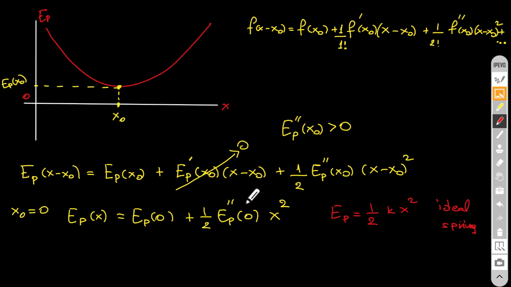If you do some pattern matching between this expression and this expression, you can see that the second derivative of the potential energy at 0 is the equivalent of the spring constant. So this k of an ideal spring is the spring constant.